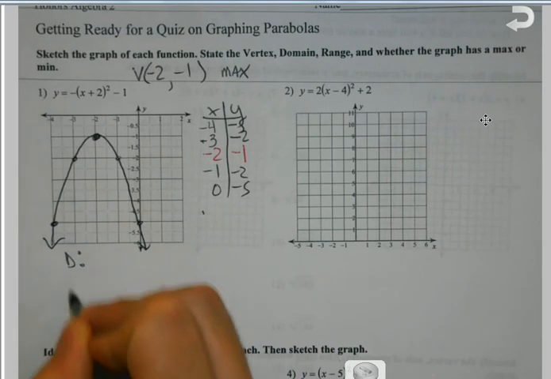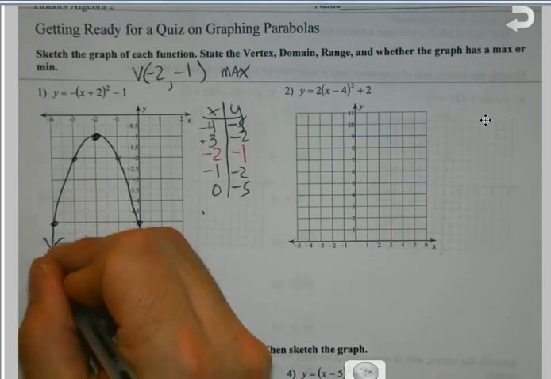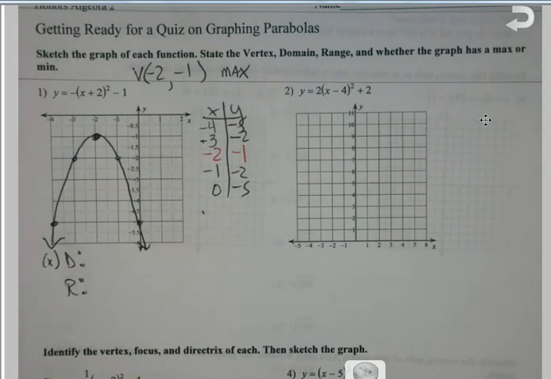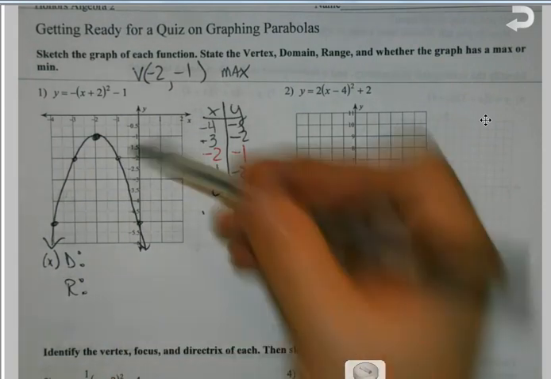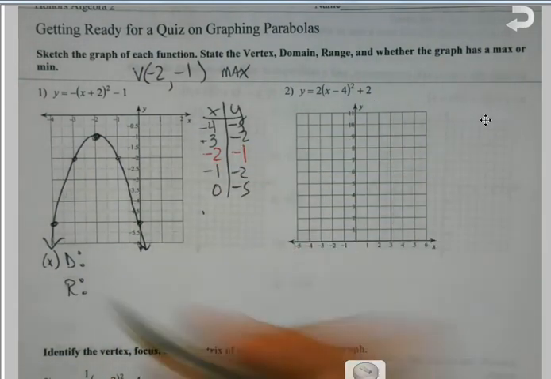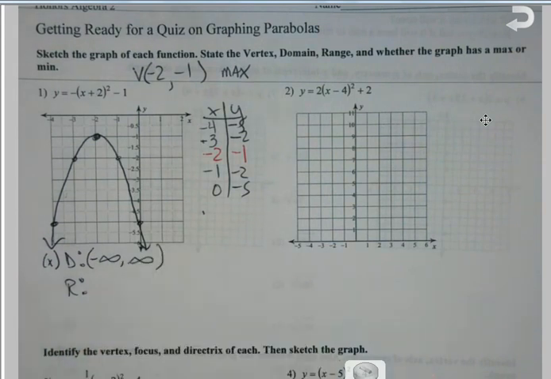Now domain and range we haven't talked about as much lately. Domain again is my x values going from left to right. When I see those two arrows, which means this will keep expanding outward and downward, and this will keep expanding outward and downward, it lets me know that when I'm working with a parabola, my domain's going to be all reals, -infinity to infinity.